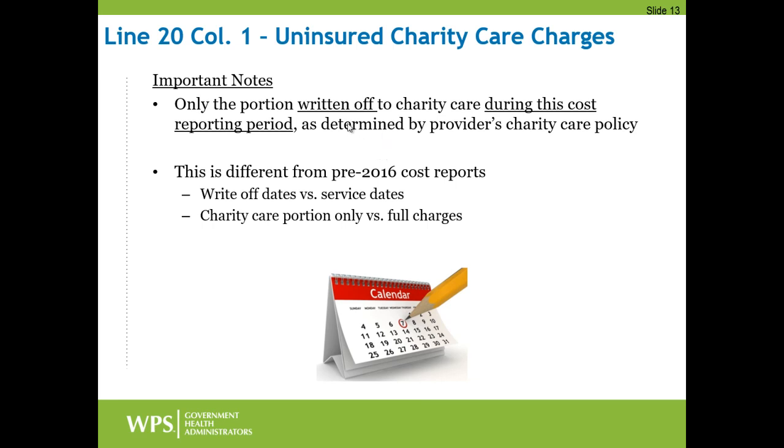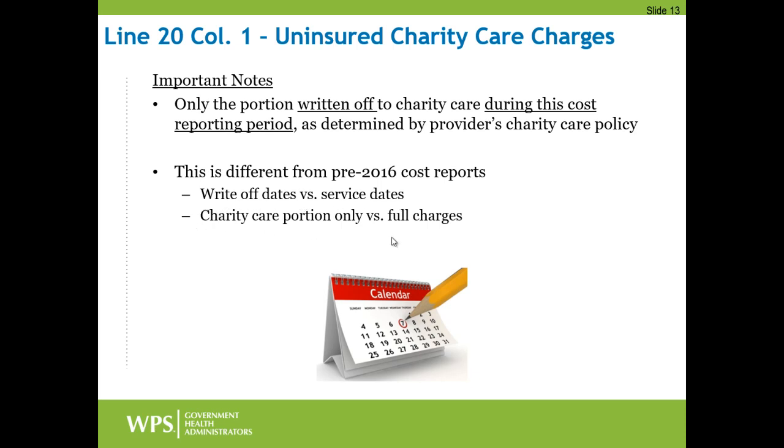Again, only the portion written off to charity care. That's the first thing. It's the amount written off to charity care, and it has to be during this cost reporting period. This is different than the older cost reports that used service dates to determine when to write it off. Now we use write-off dates.